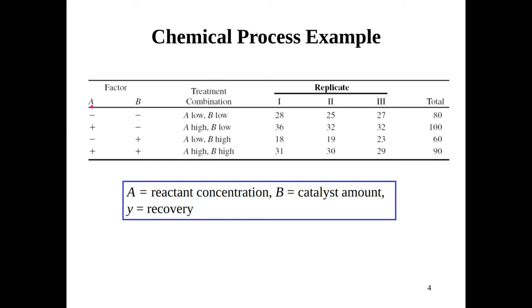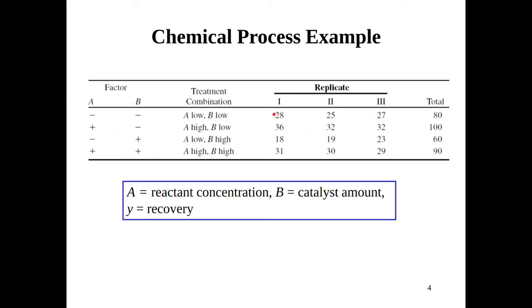So factor A and factor B: low low, high low, low high, and high high. That's the treatment combination, right? And at each combination we have three experiments performed, and these are the values of the yield: 28, 25, 27.